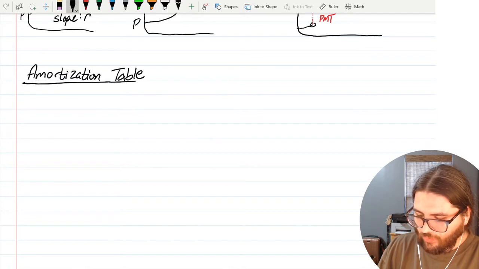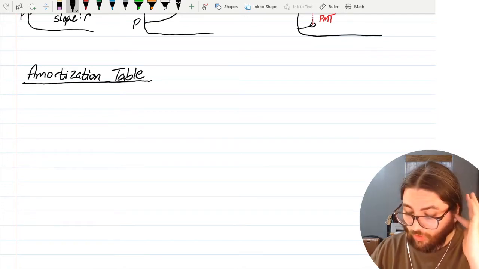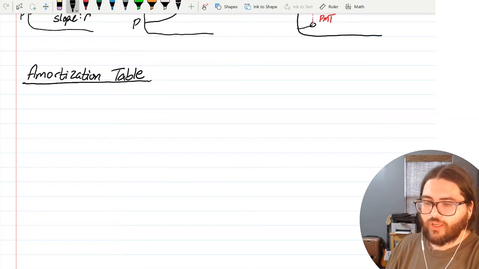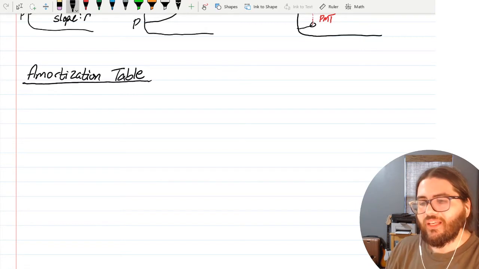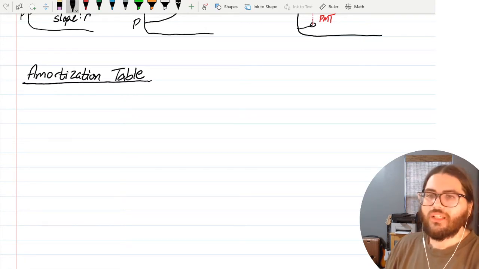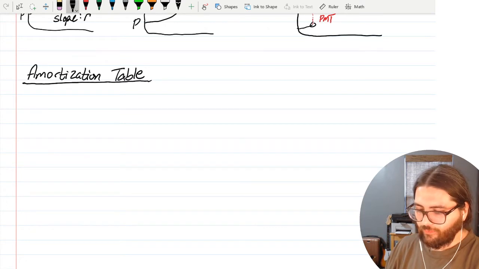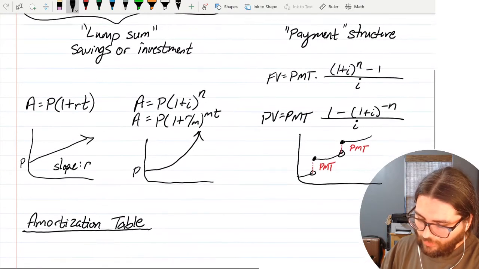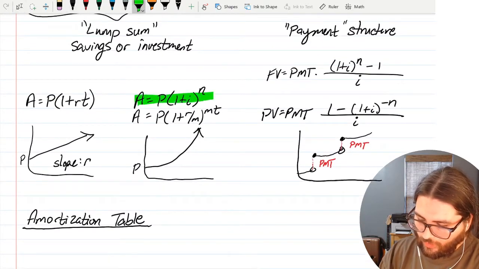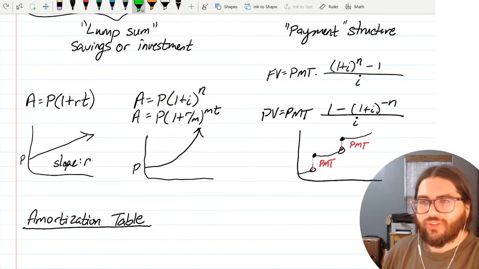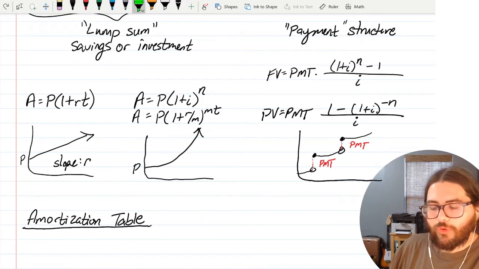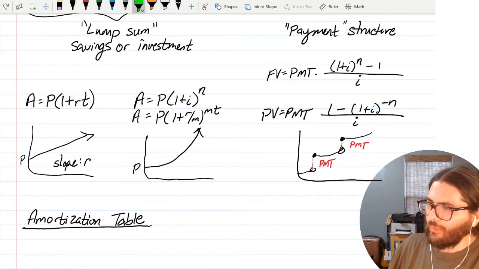An amortization table basically deals with all of the nitty-gritty, nasty details of keeping track of how much interest you owe, how much you're paying in, and exactly to the cent, keep track of your dollar amounts. Remember how when we were dealing with the formulas from up above, even as simple as the formula for compound interest, we said that every now and again it'll be very slightly wrong because, when you have those really high exponents or high values of n, there are going to be a lot of decimals there.